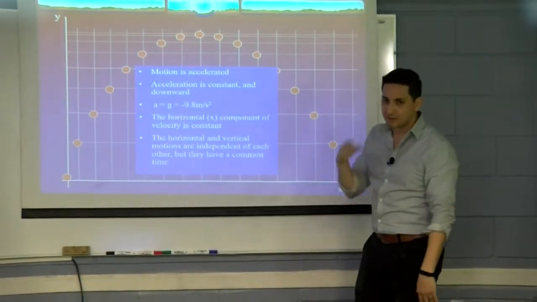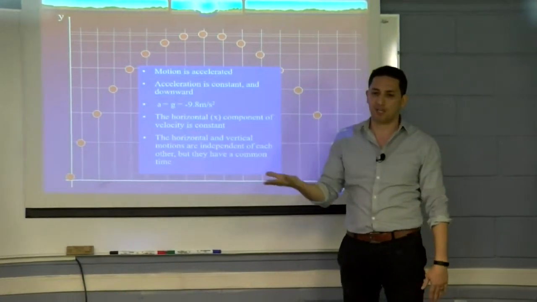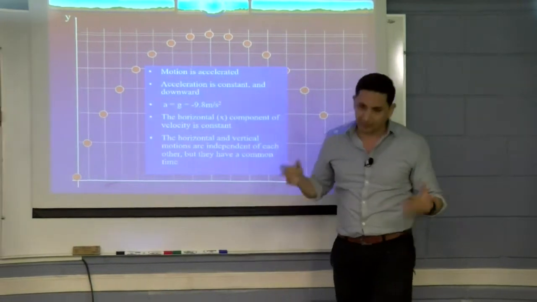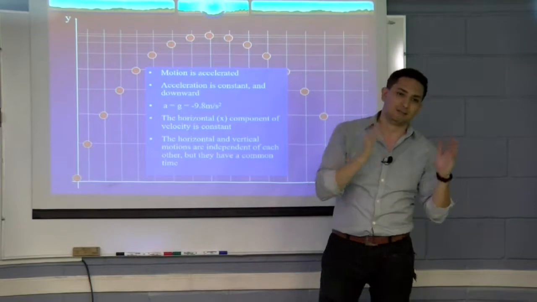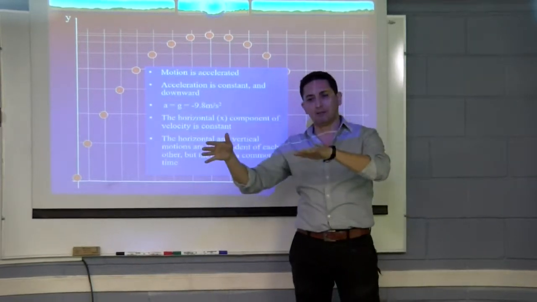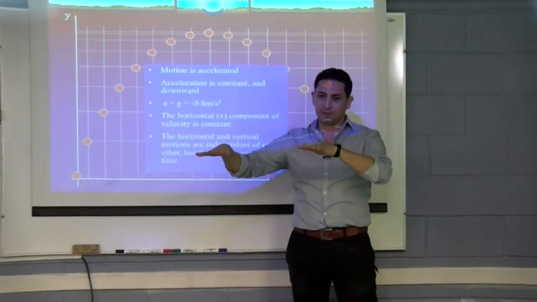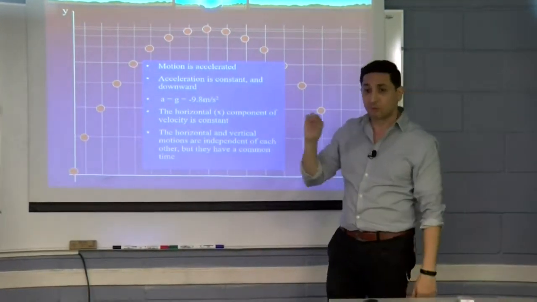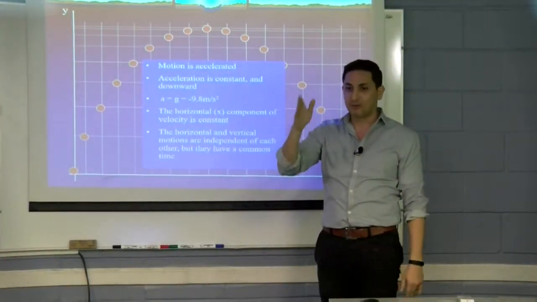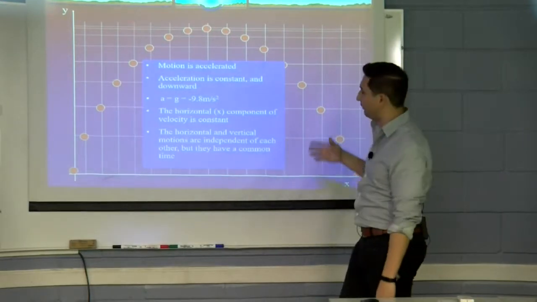Perfect, okay? 0 acceleration because you don't have change in velocity. And if you remember, the definition is that acceleration is the change of velocity over time. No change in velocity, no acceleration. And this will be very useful for you to solve some of the problems, okay?